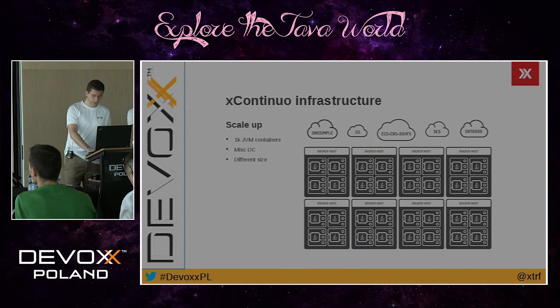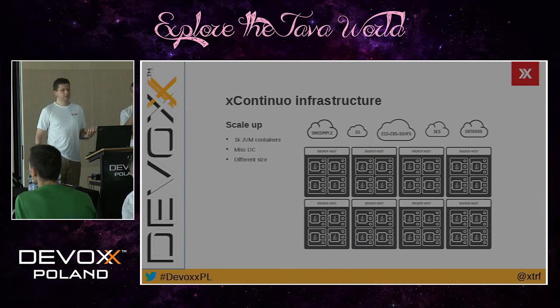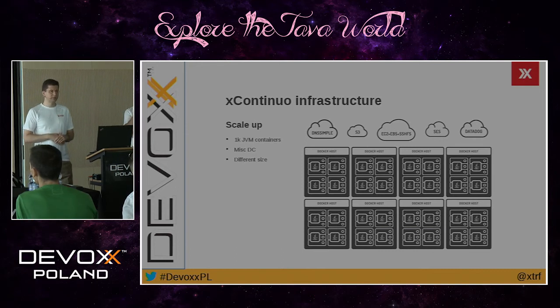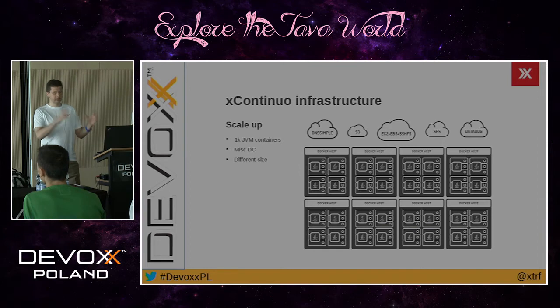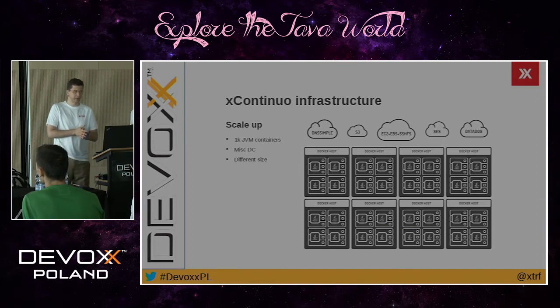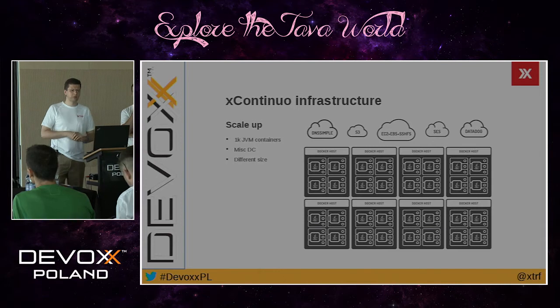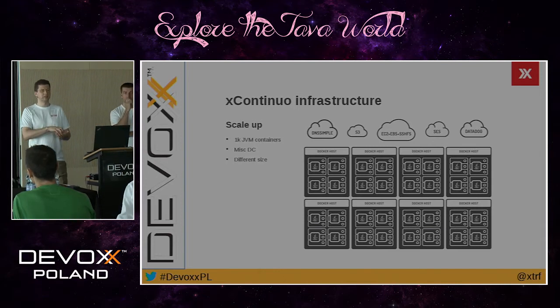So our goal was to build infrastructure that can hold, let's say, up to 1,000 containers. Our prior limit was around 100, 120 JVMs in a single infrastructure. Here we wanted to get something bigger. Of course, we want to keep the state in global services, so we don't want to rely much on, let's say, single data centers.